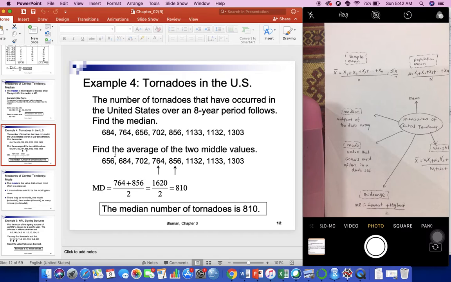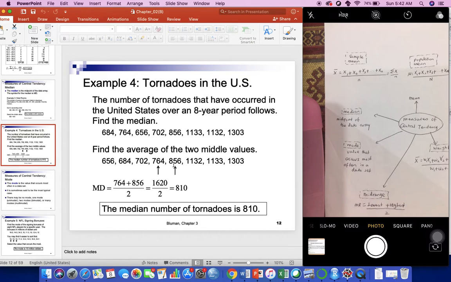Because this number is 1, 2, 3, 4, 5, 6, 7, 8, this is an even data array. For an even data array, we need to find the average of the two middle values. The two middle values here are 764 and 856.